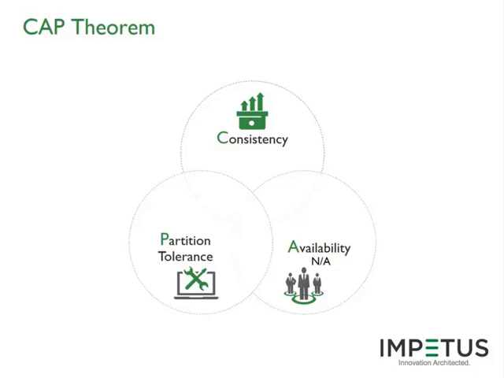According to this theorem, none of the databases would fully address all three at once: consistency, availability, and partition tolerance. So the intersection that you see here in the center of this slide is not practically addressable or fully addressable in today's real-world scenario.